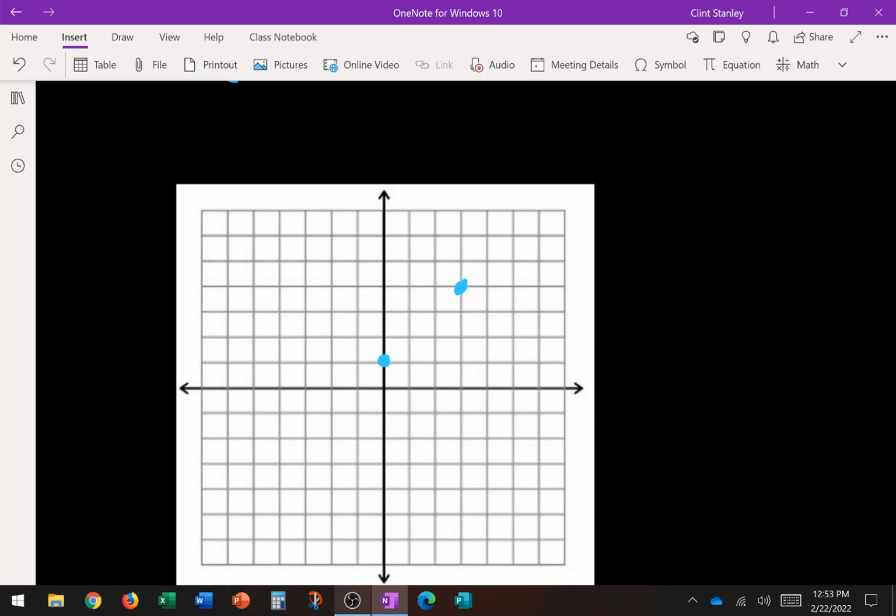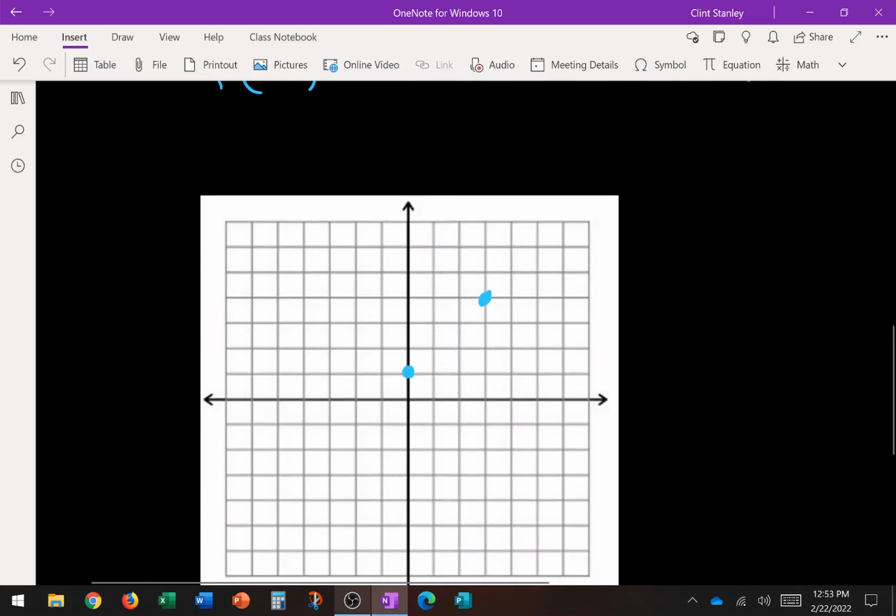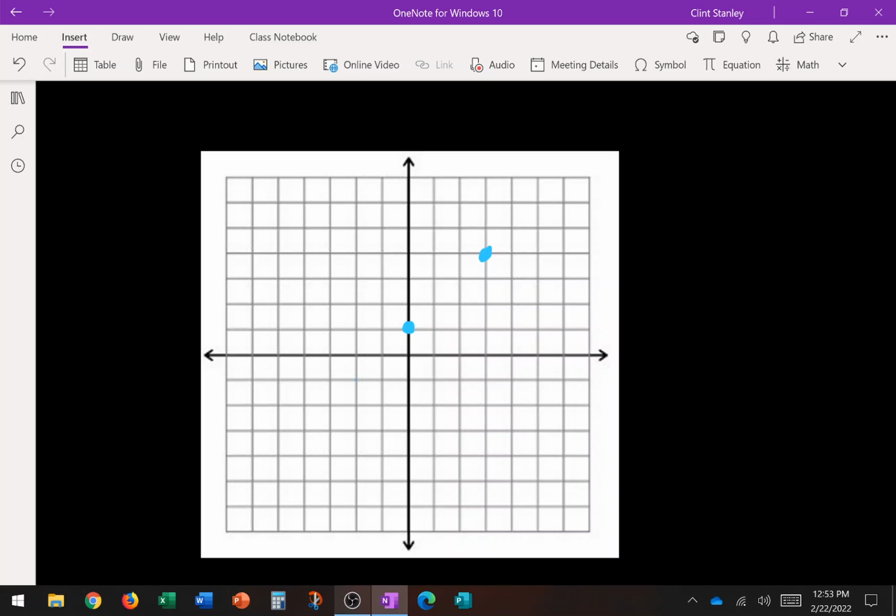You remember what that's called? Y-intercept. Y-intercept, yep. And then we've got the point -2, -1, so to the left 2, down 1. And if we connect our dots, we don't have my ruler today, so it's a little wiggly, but we get our graph.